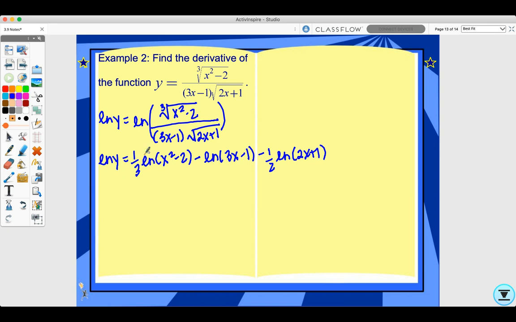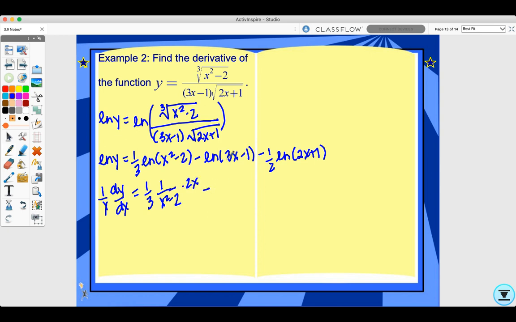Now I can go ahead and take the derivative of each one of these, and it's much easier. So the derivative of the natural log of y using implicit differentiation would be 1 over y dy dx equals, now the 1/3 will tag along, the derivative of the natural log of x squared minus 2 would be 1 over x squared minus 2 times the derivative of x squared minus 2, which is 2x.